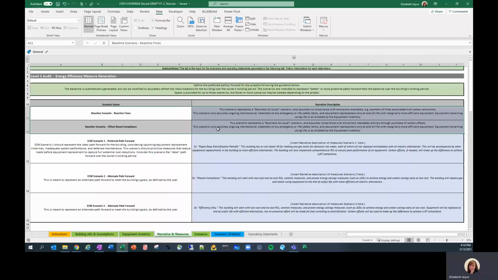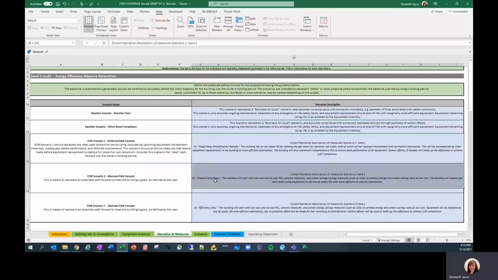One of them assumes no compliance with future emissions mandates, such as Local Law 97. Therefore, it automatically calculates payment of fines associated with those emissions. The second baseline scenario assumes no proactive compliance with future emissions mandates, but compliance entirely through the purchase of carbon offsets.